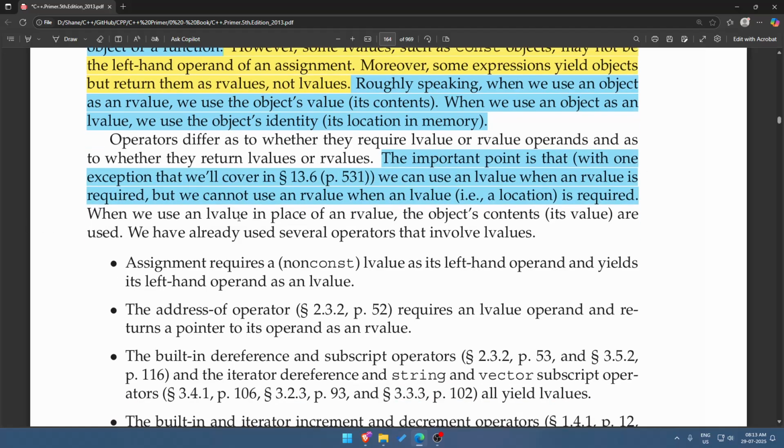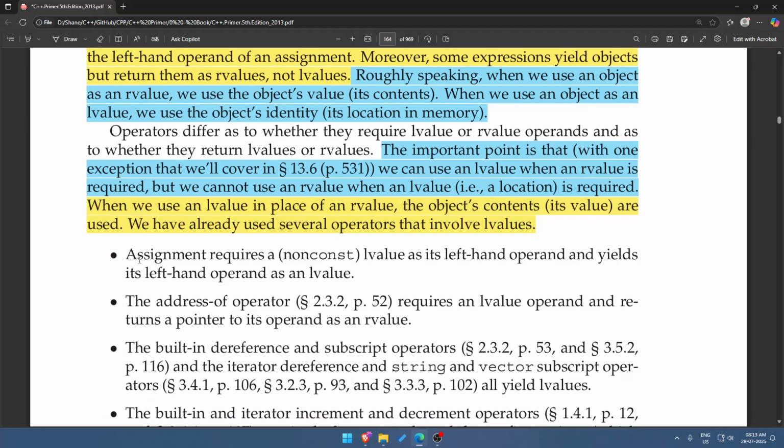When we use an L value in place of an R value, the object's content, its value, is used. We have already used several operators that involve L values.